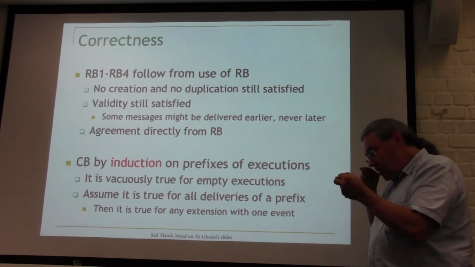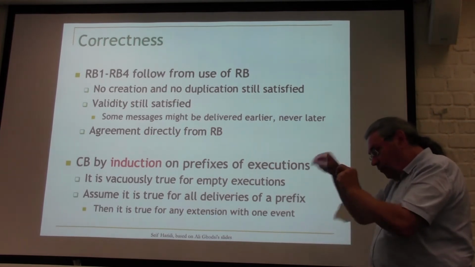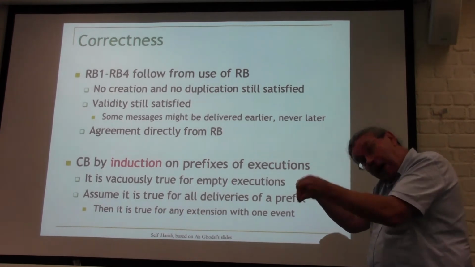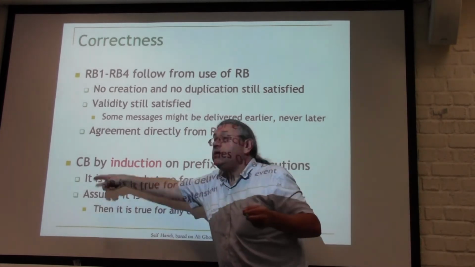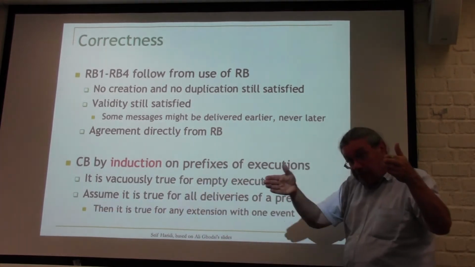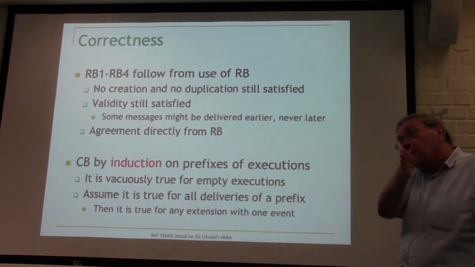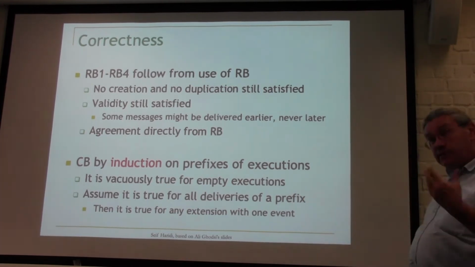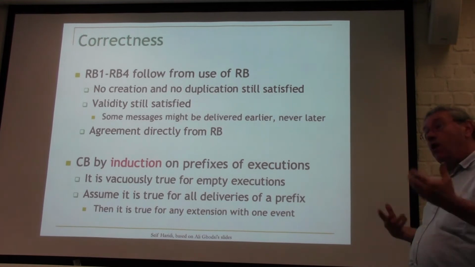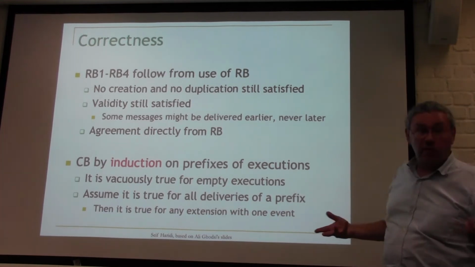That means if we have an RB deliver, we are adding all the past previous events. So we're maintaining CB. Basically you can prove it like that: up to a point, you add an event, and it's still true, because of how we define past.